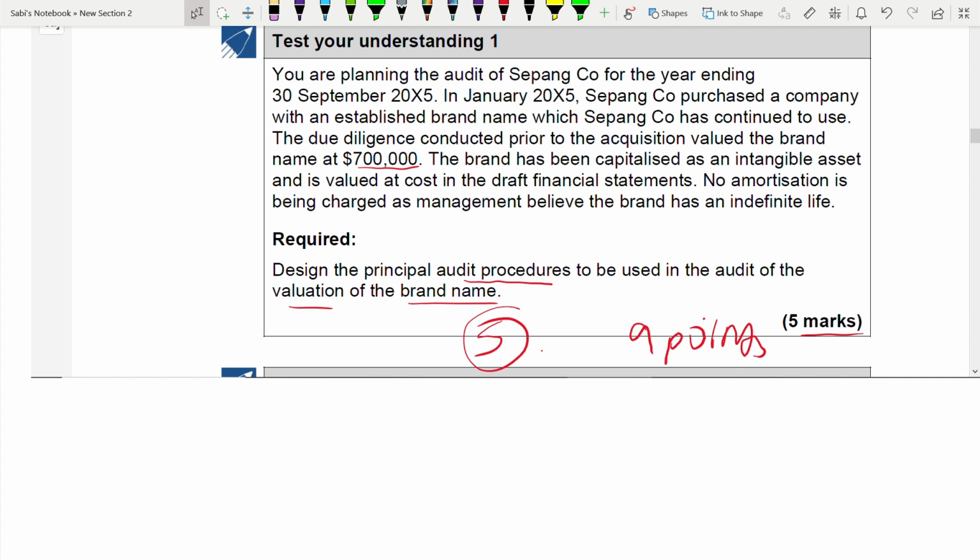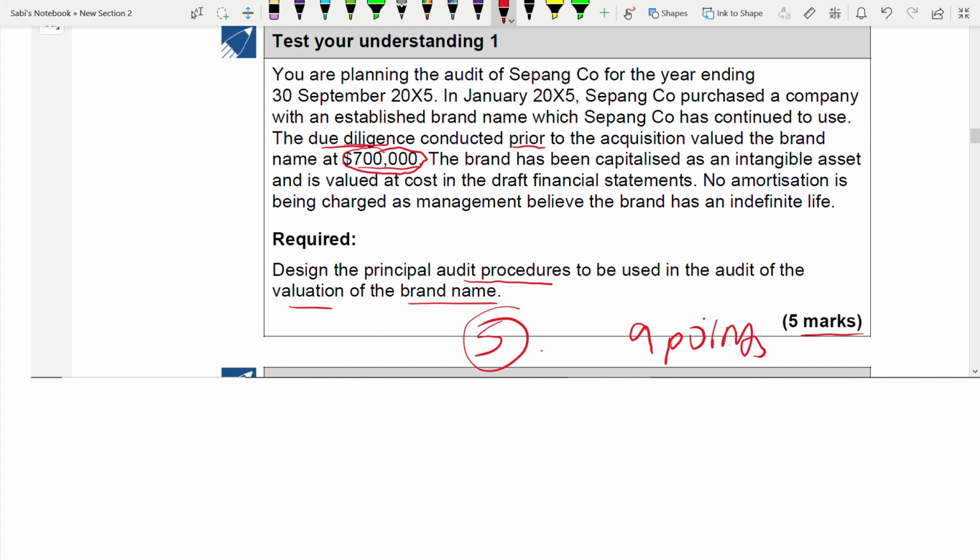Wherever figures are there, a good area is to start with the figure. One figure is there, so we'll talk about one audit procedure using this figure. They have given it at 700,000 according to due diligence. They have conducted this due diligence before the acquisition and they have valued this brand.